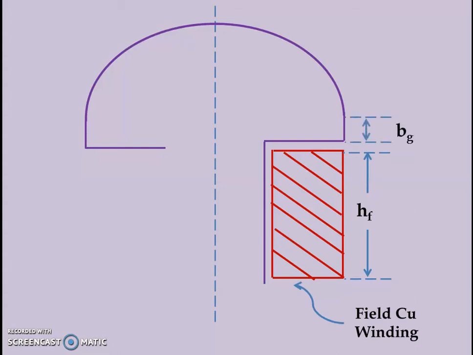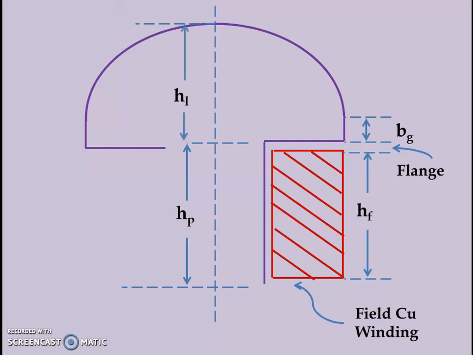In the salient pole, we leave certain space for the insulation and for fixtures like the flange. Then we have the height of the pole body, HP. From the design we can see that HP is HF plus the allowed space. Then at the center of the pole we have the height of the pole shoe, HL, and HP plus HL is the overall height, or radial length, of the salient pole.